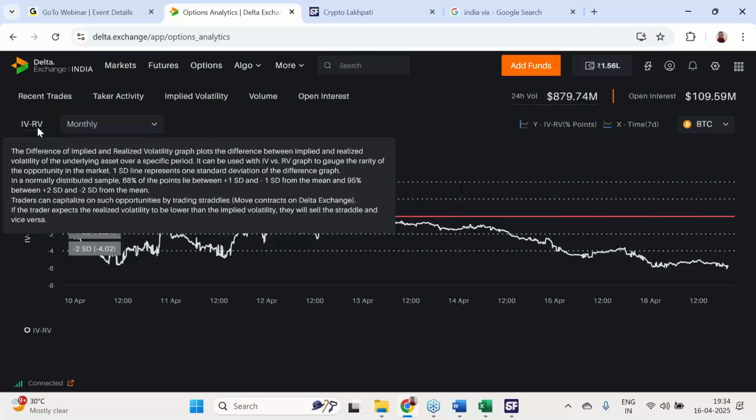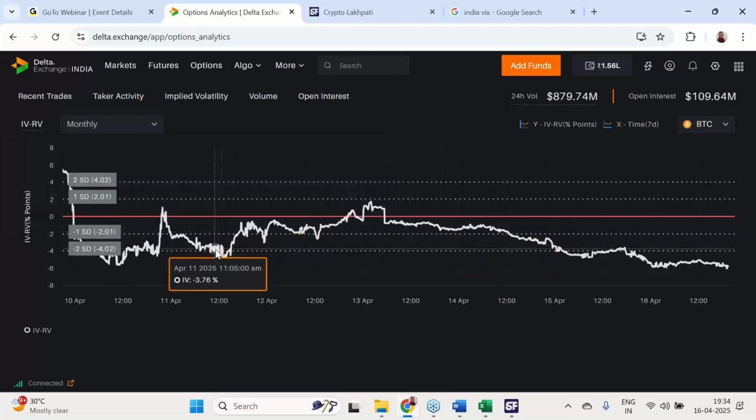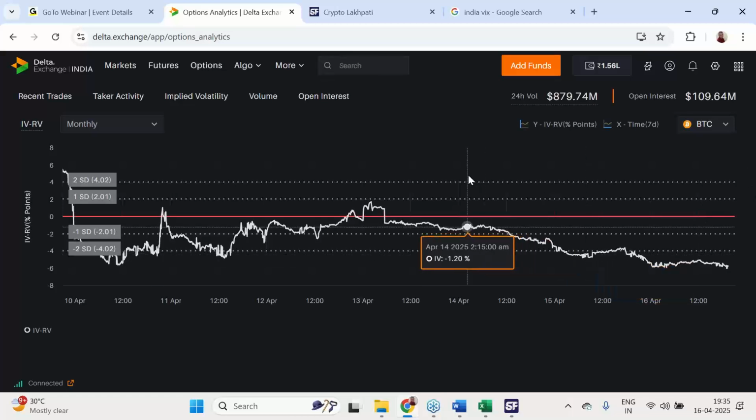The difference of implied and realized volatility graph plots the difference between implied and realized volatility of the underlying asset over a specific period. What does it say? When it says implied volatility, it means all call options and put options, the average IV.